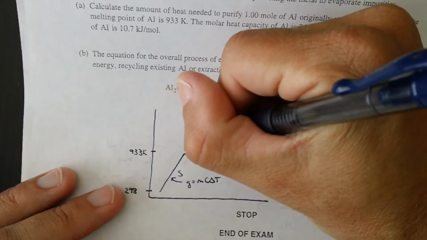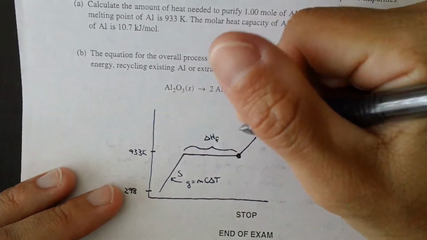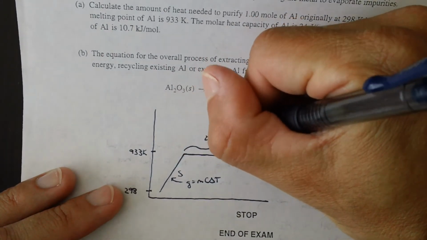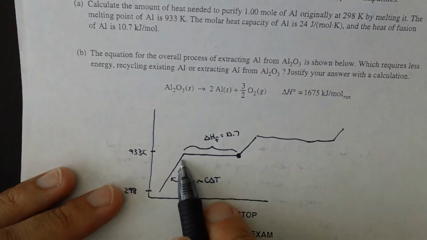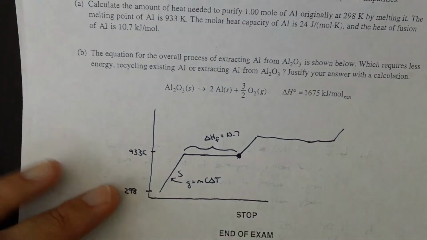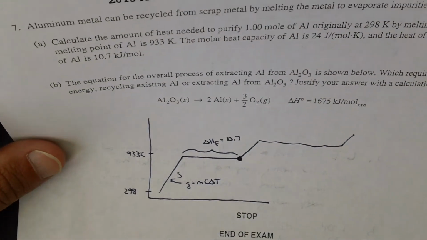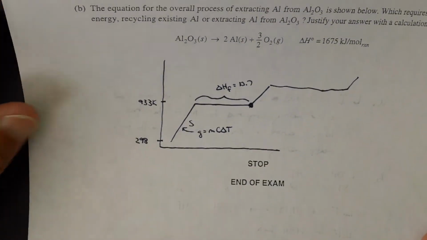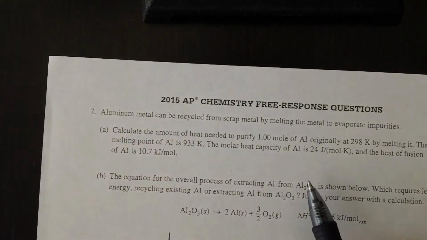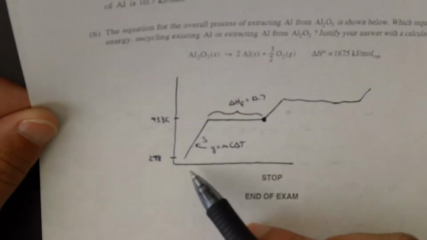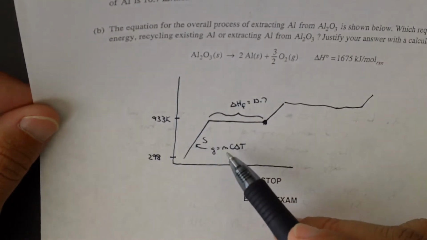So that's the delta H of fusion. That's the constant they're giving us, the 10.7. So we've got to do two separate calculations here in part A. And that's why there's 2 points here in part A. And so the way this is going to work is we are going to do the change in temperature part first.